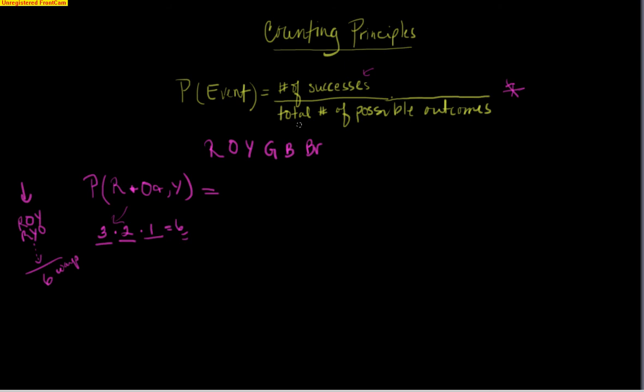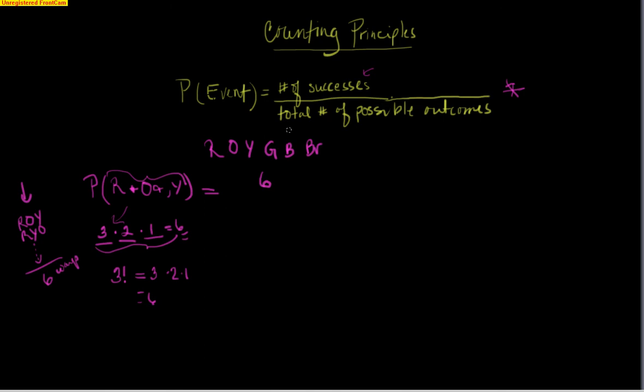It's always going to be what we call factorial. The way we denote that is we would say there's 3 factorial ways of arranging these 3 colors. And all that exclamation point means is 3 times 2 times 1, everything below 3. And that equals 6. So 6 is our numerator.